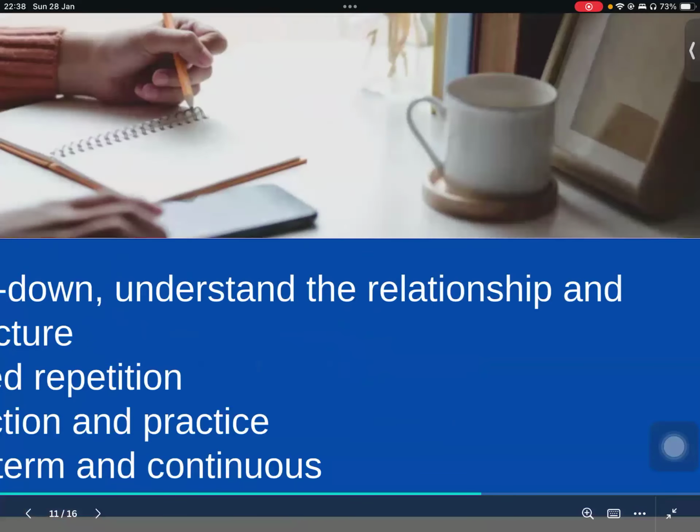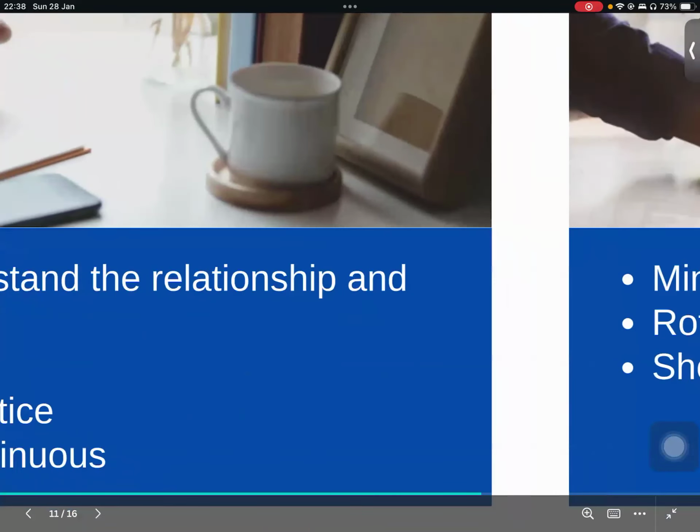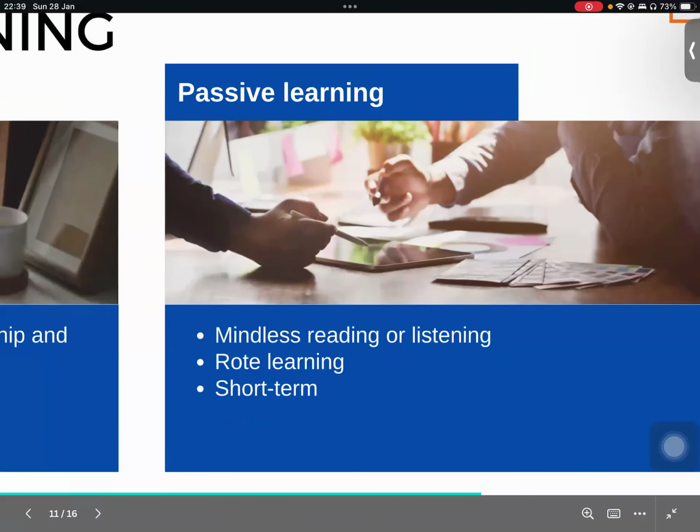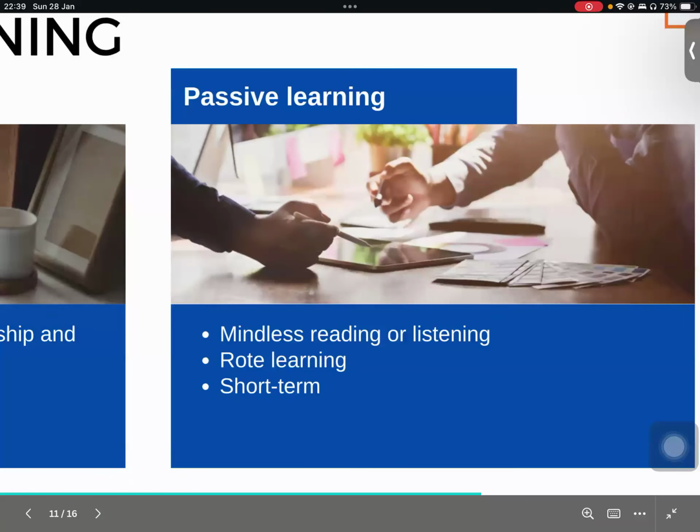With passive learning, all the things you do will be about reading, or listening to something on YouTube or some podcast, and you will try to learn by heart from the study guide, but the result is not that effective.